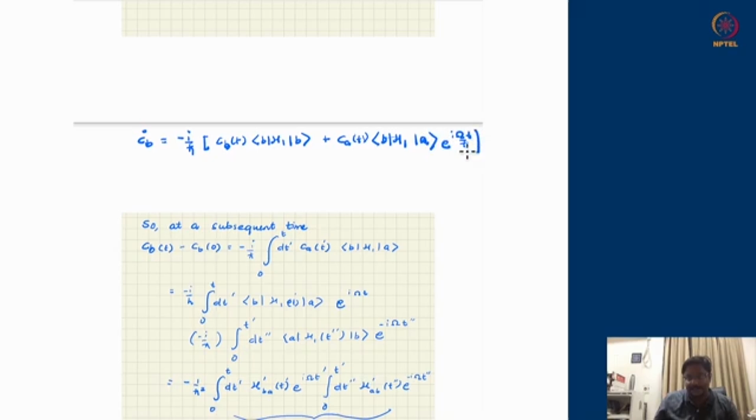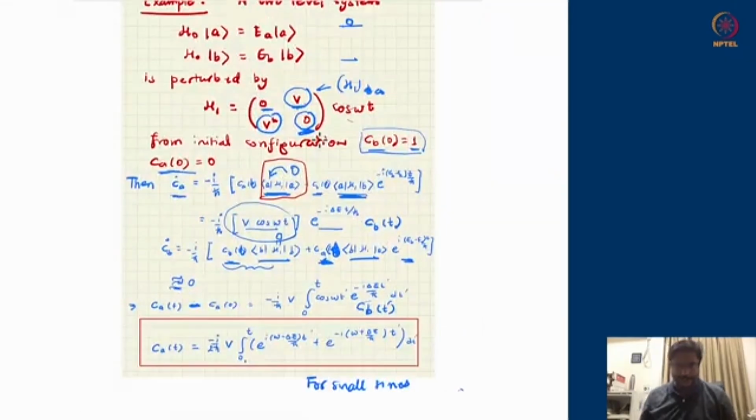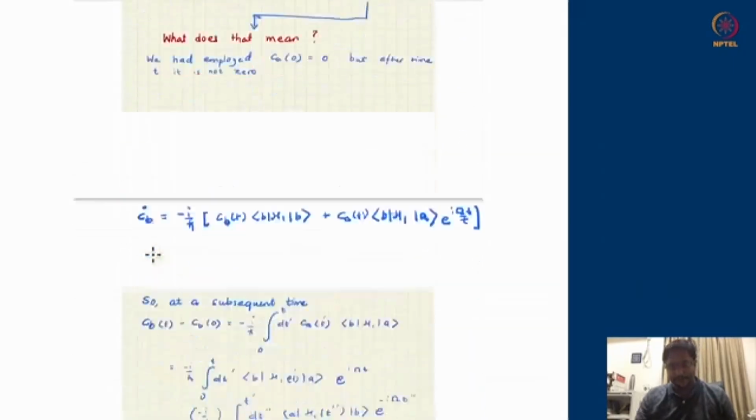This is what we will get for a general expression which we had written upstairs as well. So this equation I have just reproduced, the second equation, downstairs.